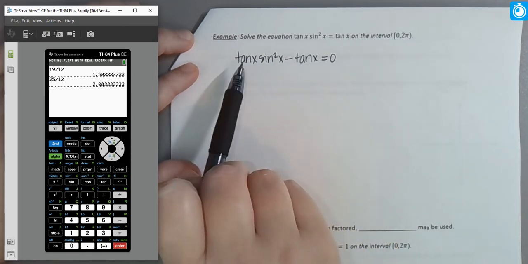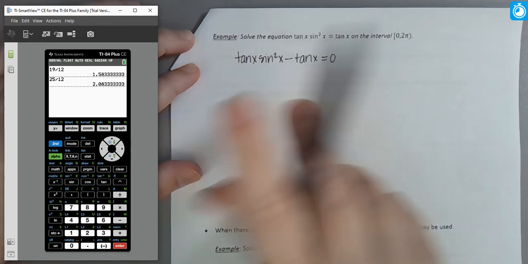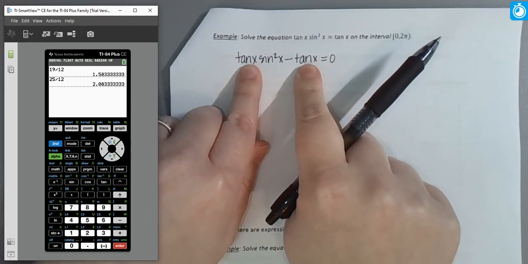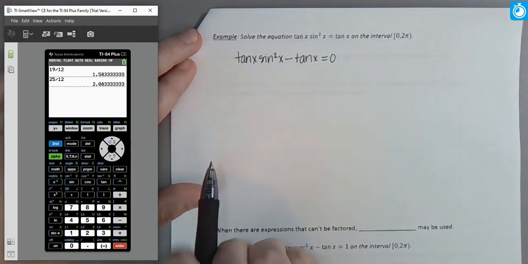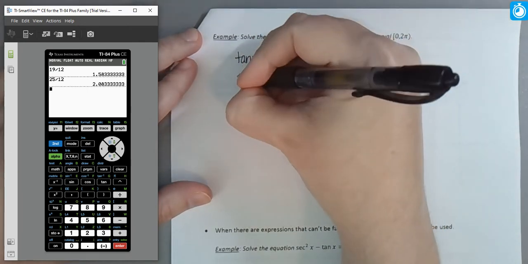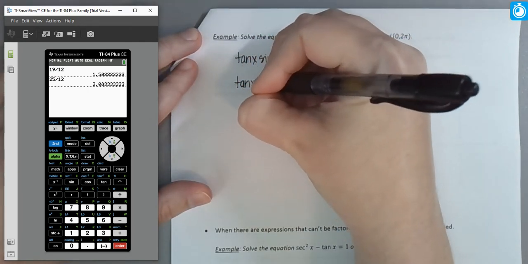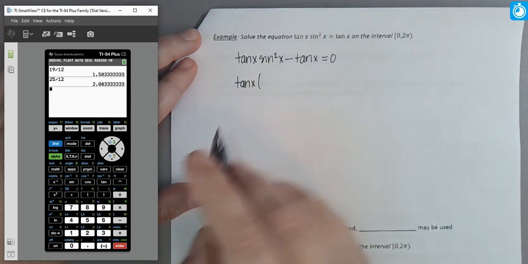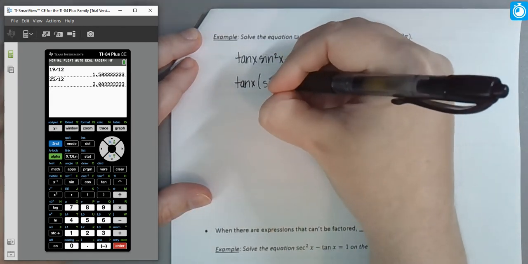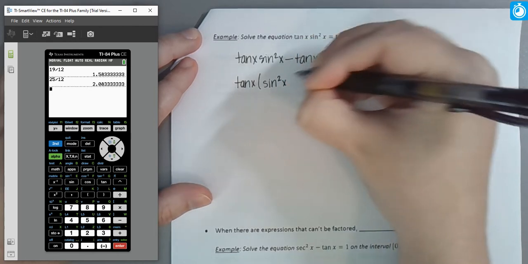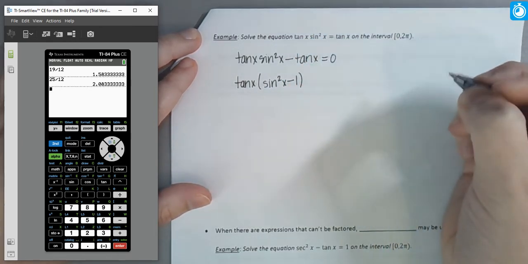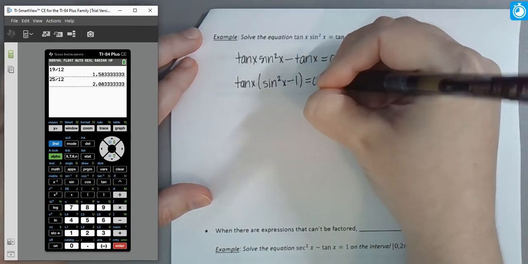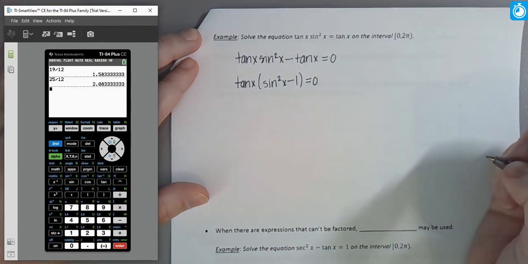Now we're looking for a greatest common factor, something these terms have in common, and it's that tangent x. So now we can divide it out, but we're dividing it out in the form of factorization so that it's not eliminated from the equation, it's factored out of the equation. And so we're left with sine squared of x minus 1, and that's equal to 0.